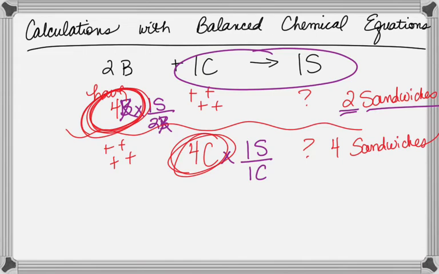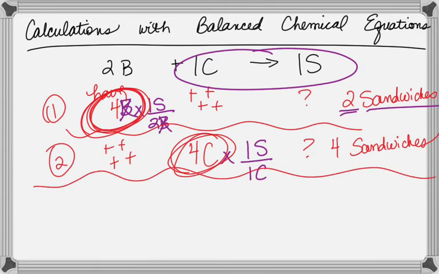Okay? Now, let's consider one more situation. So here's situation number 1. Here's number 2. This is a whole new scenario. What if I had, again, the same balanced equation of 2 breads and 1 cheese makes a sandwich. What if I tell you that I'm starting with 4 breads and I have 4 cheeses? How many sandwiches will that make?